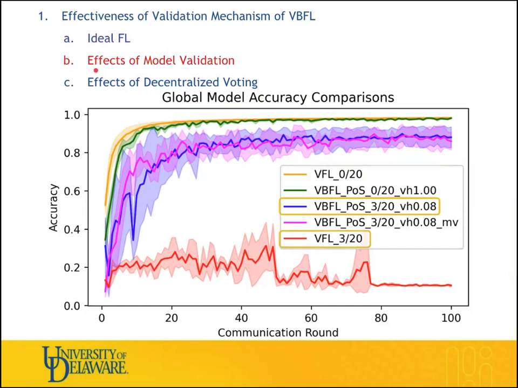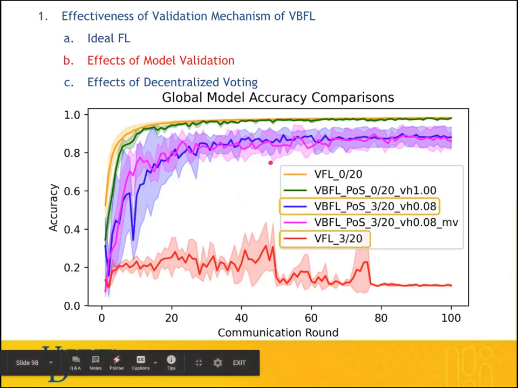Okay, now let's see the effects of model validation. The red line with the shaded area represents the global accuracy with 3 out of 20 malicious devices involved in vanilla federated learning. And the blue line with the shaded area represents the global accuracy when 3 out of 20 devices are malicious in VBFL with validator threshold 0.08.